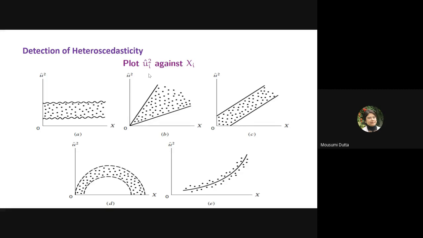Here you are getting a pattern between ei square and xi in all the graphs. If this happens, you can have some idea that there may be heteroscedasticity. However, you should remember always the formal test is required. Formal test is the right thing to do.